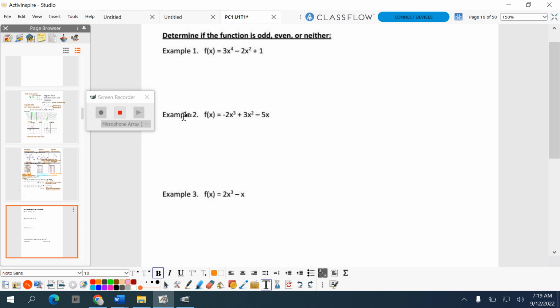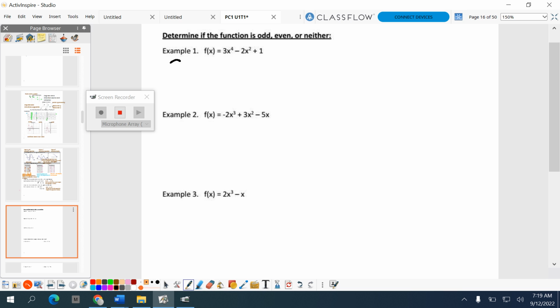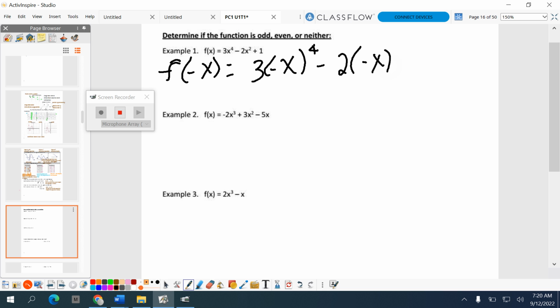So what we'll do is write this in. Our first term, we want to say f, we want to make this negative. So we want to say 3 times a negative x to the 4th, minus 2 times a negative x squared plus 1.